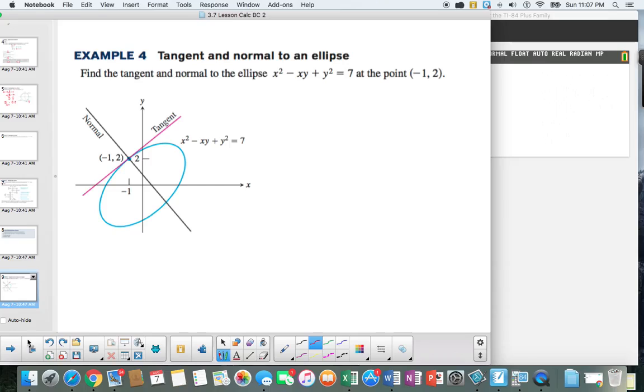Let's find the tangent and normal to the ellipse using implicit differentiation. So we're going to find the derivative of each term.